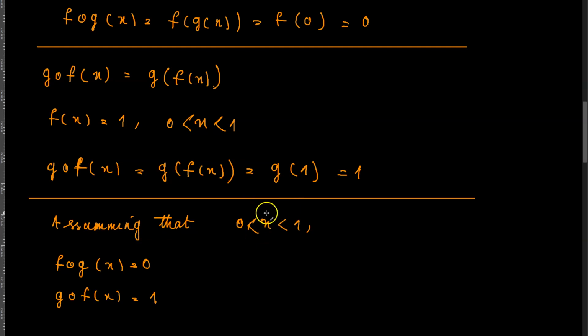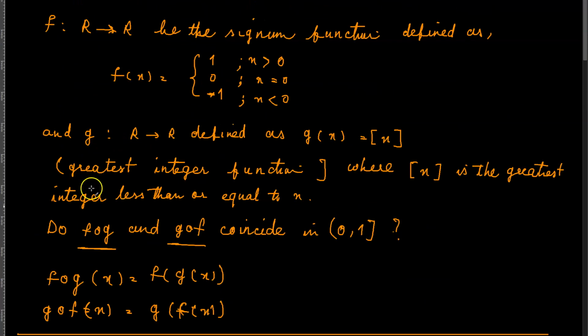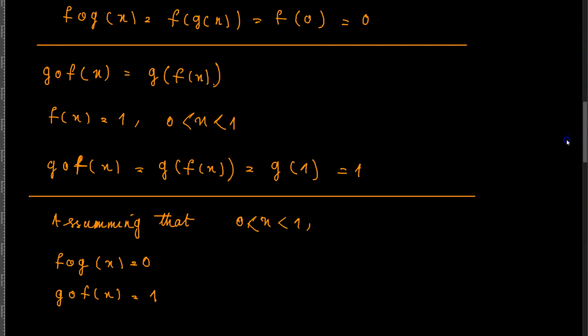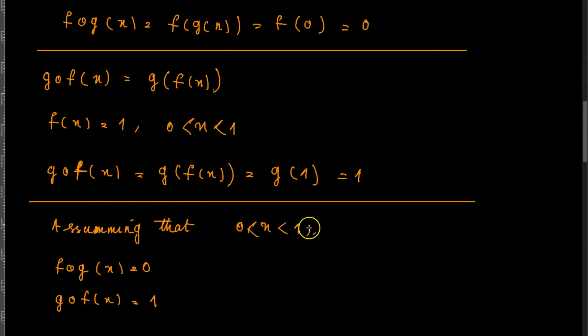The question that was being asked here was whether FOG and GOF coincide in this interval. The only difference between this interval and the interval that we have here is that this includes 1 as well, but this does not include 1. Now for all the values between 0 and 1, these two functions do not have the same outputs.